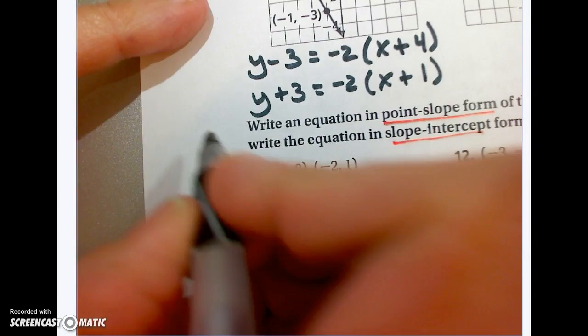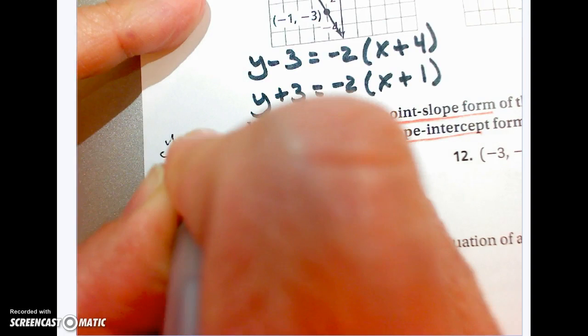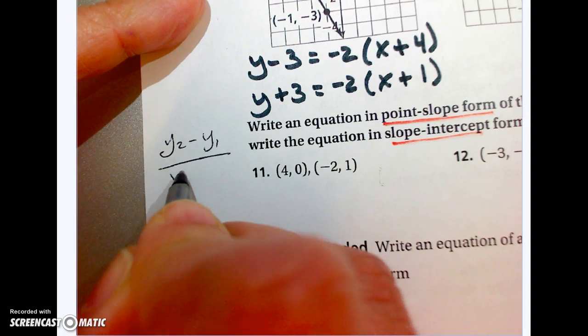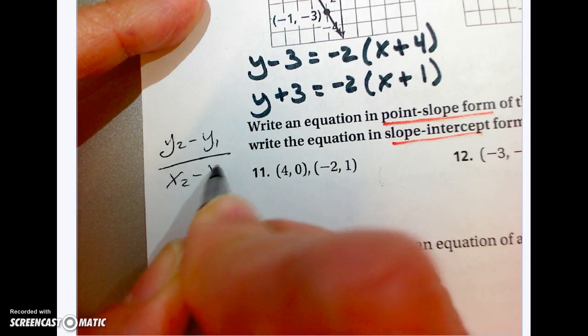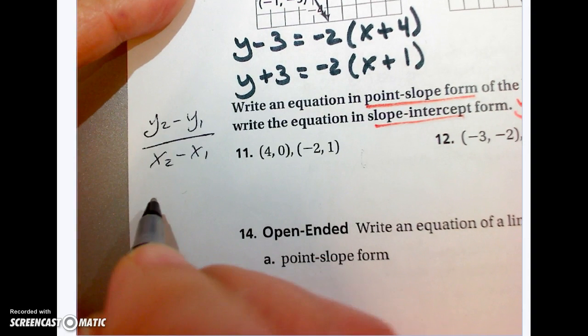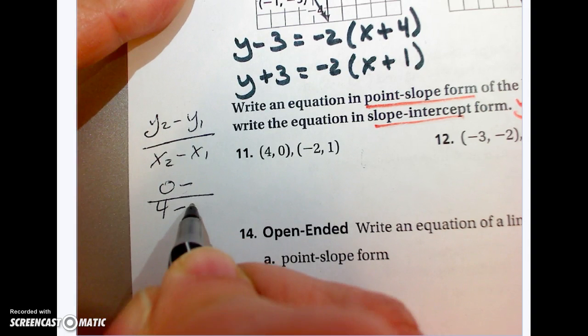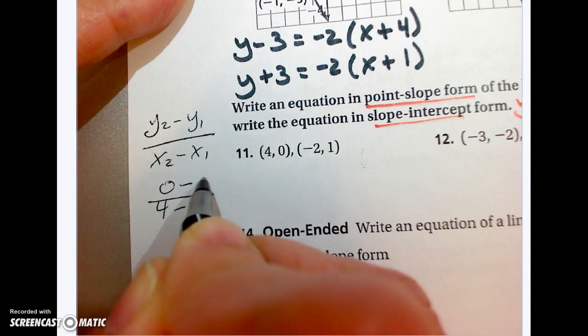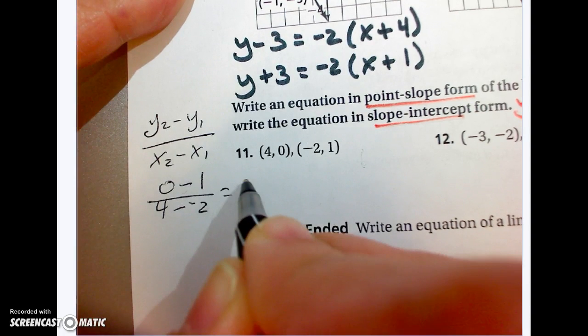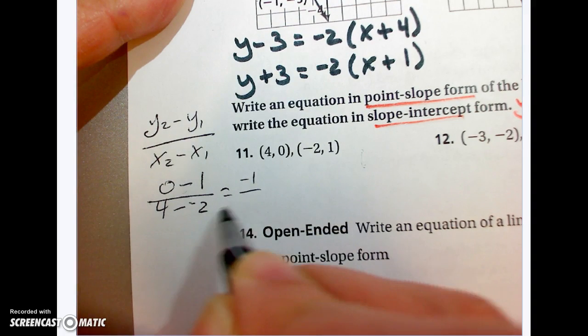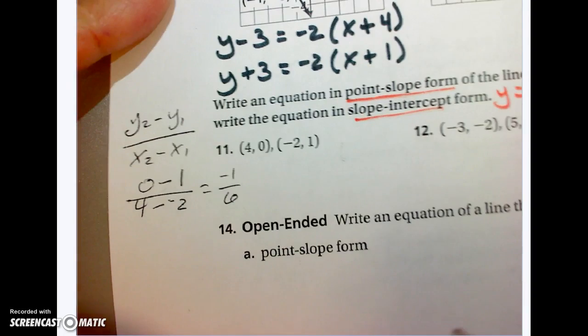So we need to come up with our slope first. So we need y sub 2 minus y sub 1 over x sub 2 minus x sub 1, and I need to come up with my slope first. So negative 1 over 6. There's my slope.